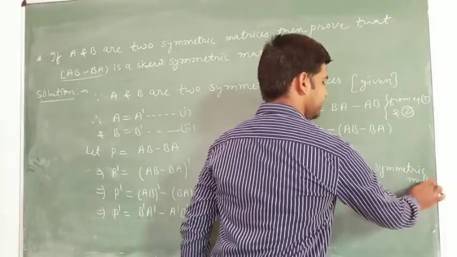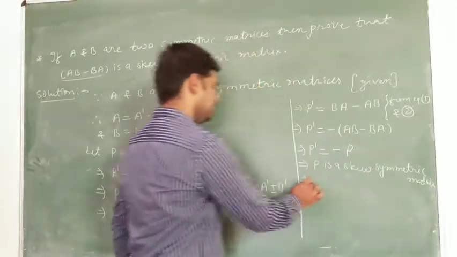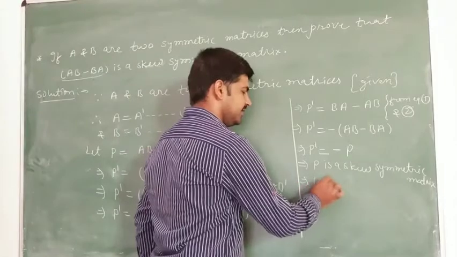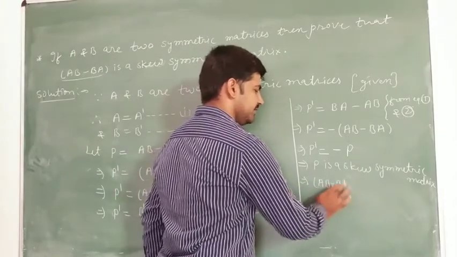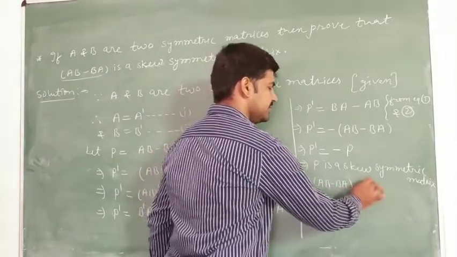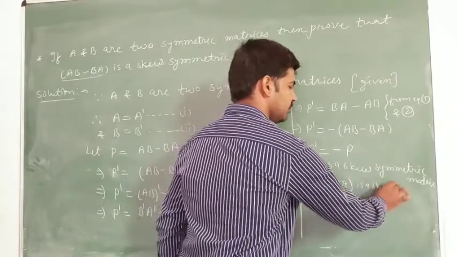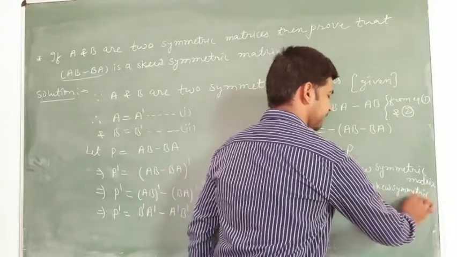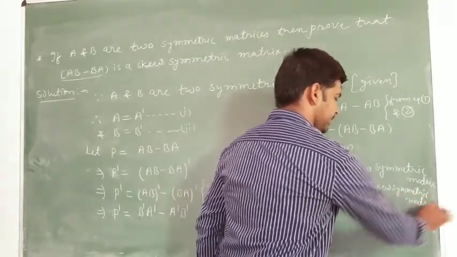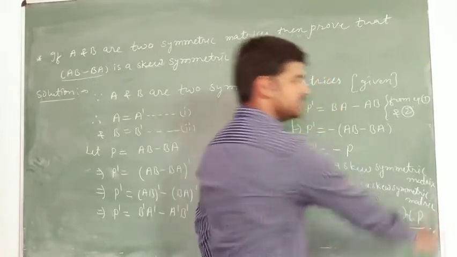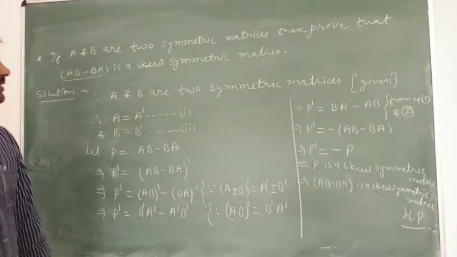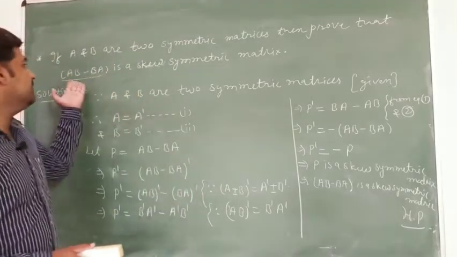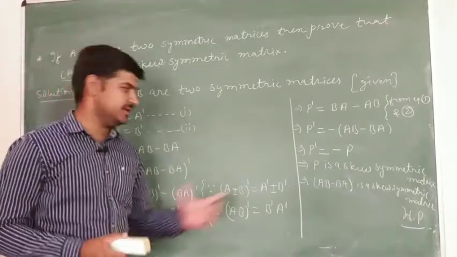And when P is a skew symmetric matrix, what did we take the value of P? AB minus BA. That implies that AB minus BA is a skew symmetric matrix. And that is what we were to prove, hence proved. I hope you have understood it. The question was, if A and B are two symmetric matrices, then prove that AB minus BA is a skew symmetric matrix, and we have proved it.